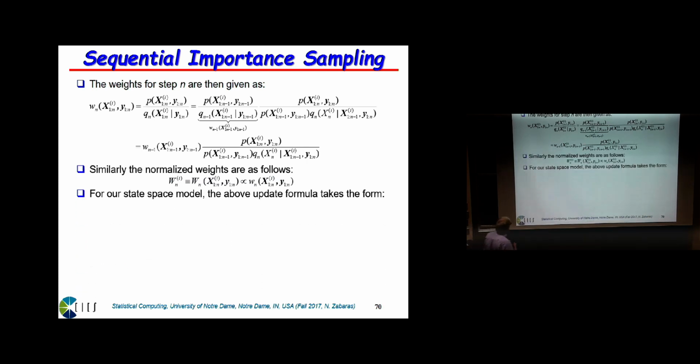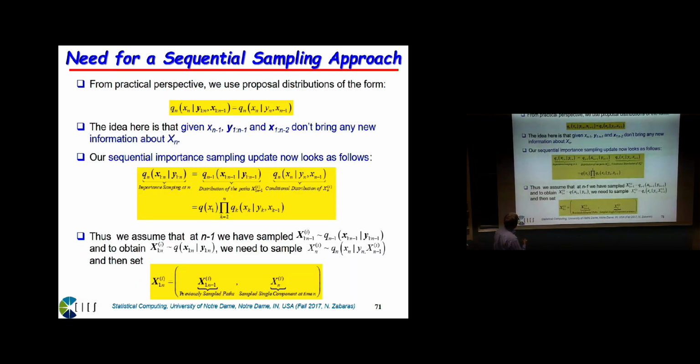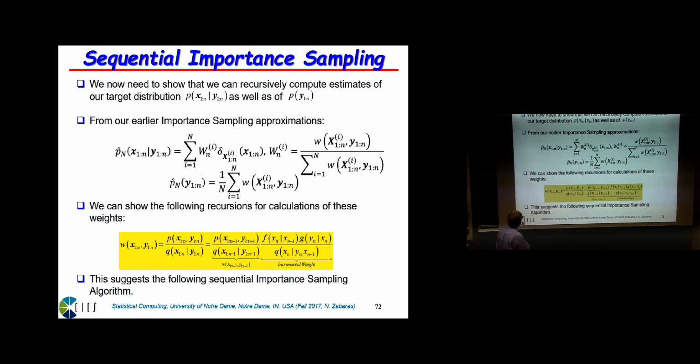It's 4:46. Let me see if there is a final update of this. Okay, I'm going to leave you with this equation on the bottom. The weights at time n are the weights at time n minus 1, times basically a proposal distribution at time n that only depends on the state at n minus 1 and the measurement at time n, and f and g, of course, at time n are our normal state transition and likelihood model.